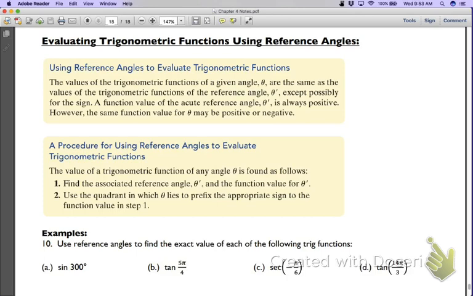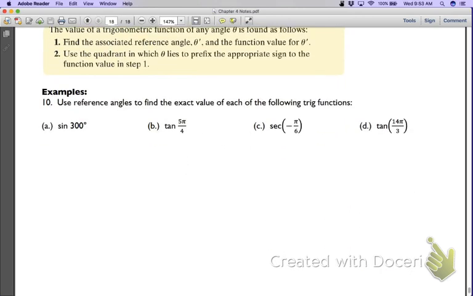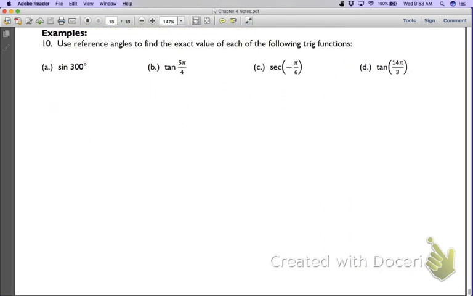Okay. Same thing like it says with sine of 300. So with sine of 300, where is sine of 300? Where's a 300 degree angle? Is it in 1? Is it in 2? Is it in 3? Or is it in 4? It's in 4, right?